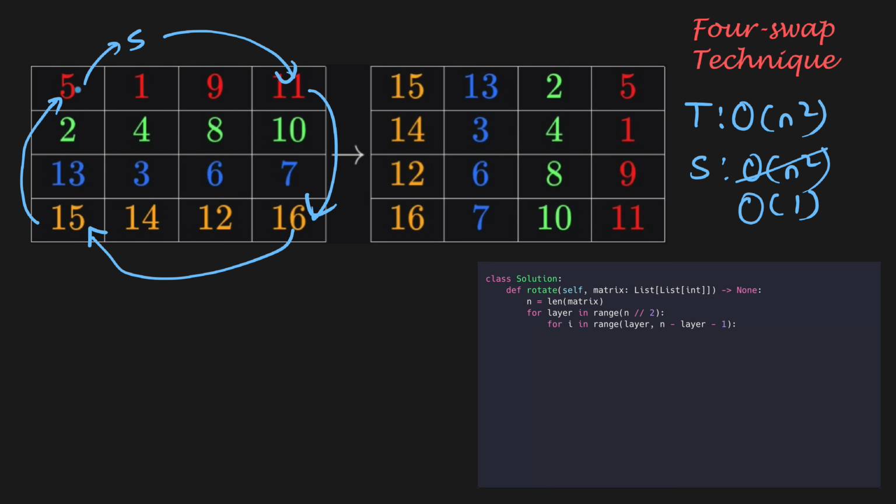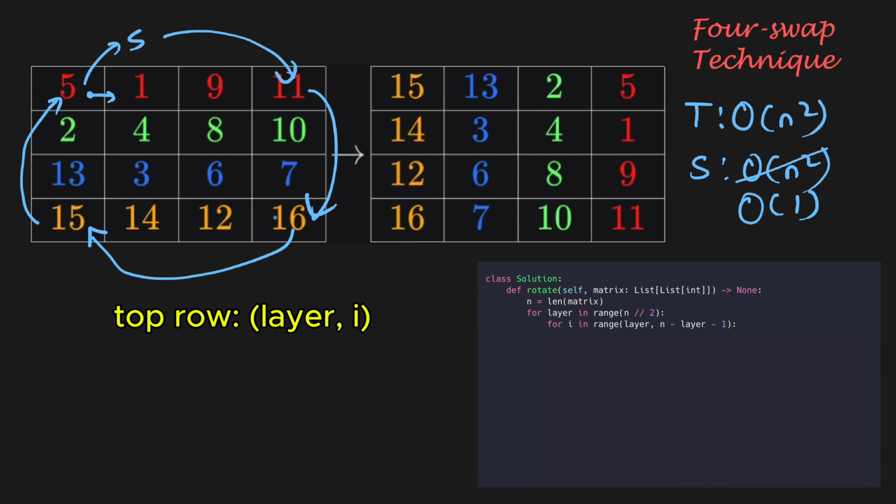So now let's focus on deriving the positions of these elements within the current layer. For the top row element, the row is fixed, which is given by the layer itself, but the column changes with the index i, moving from left to right.